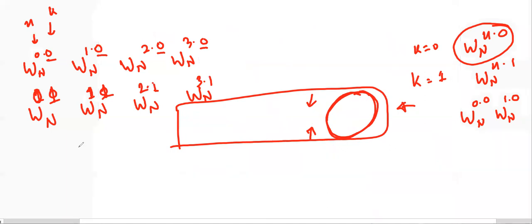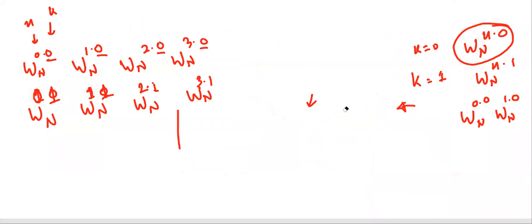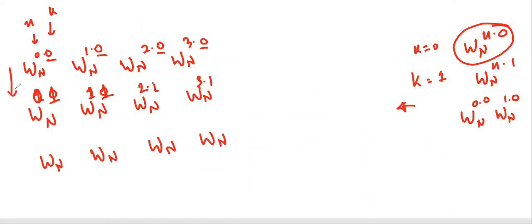And another one, Wn, Wn, Wn, Wn. Here n is increasing in this section, and k is increasing in this section. So this is 0, 1, 2, and 3.